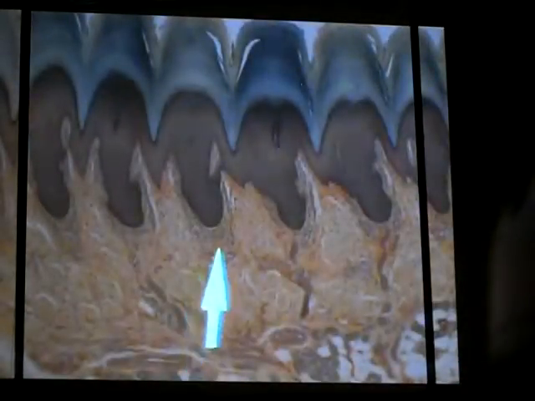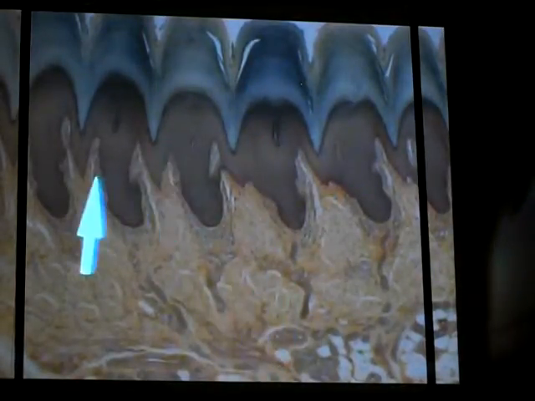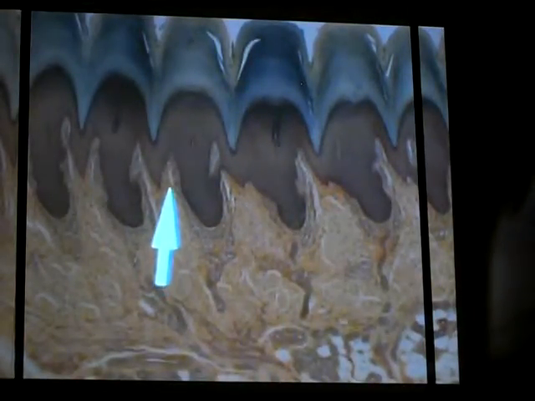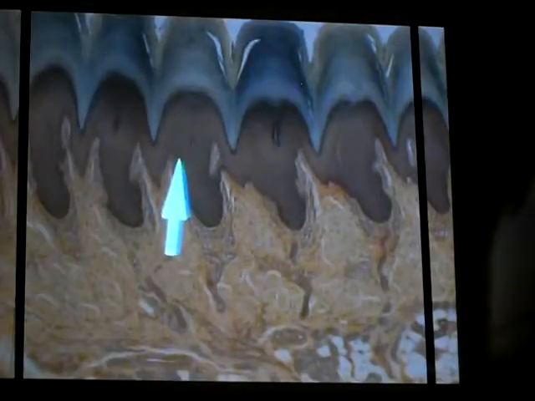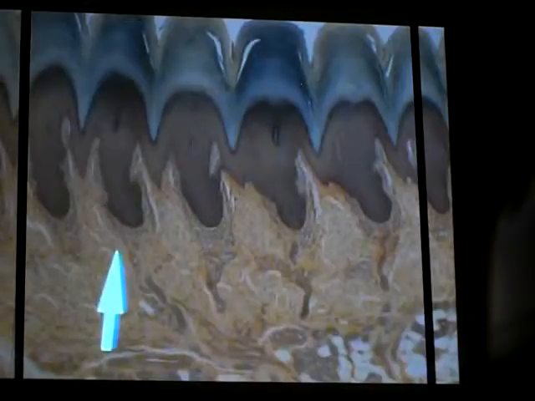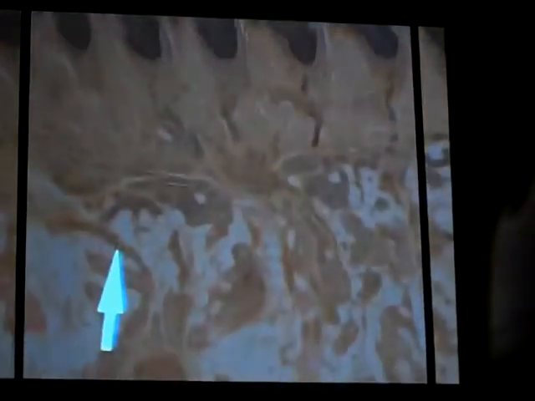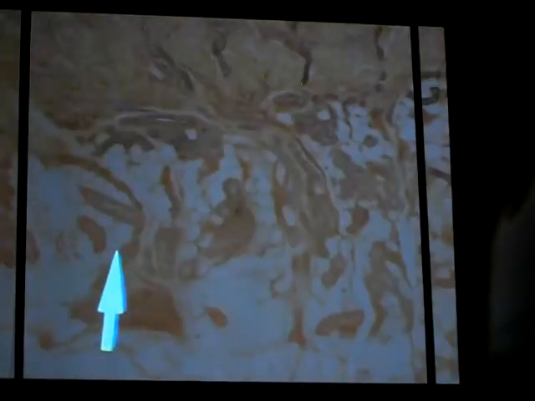So we have our epidermis here. We have our papillary dermis, where you have the dermal papillae projecting upwards into the epidermis. Your reticular dermis, where you have your dense regular connective tissue. And where you're seeing a lot of adipose, that's your hypodermis.